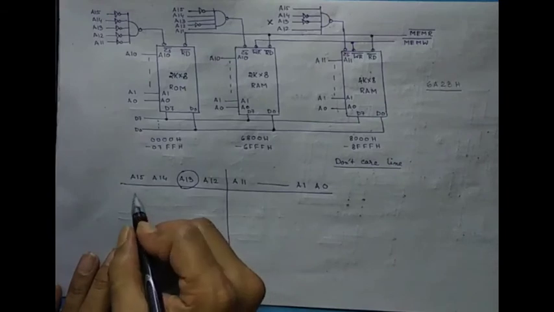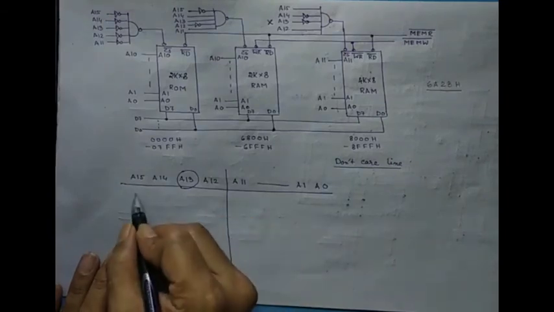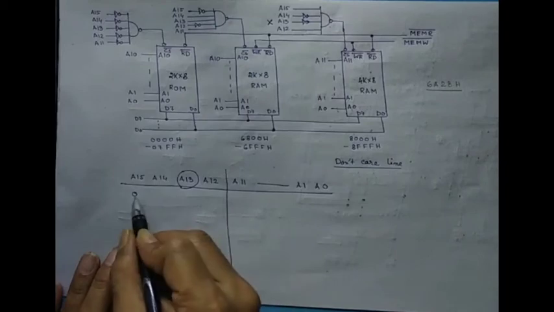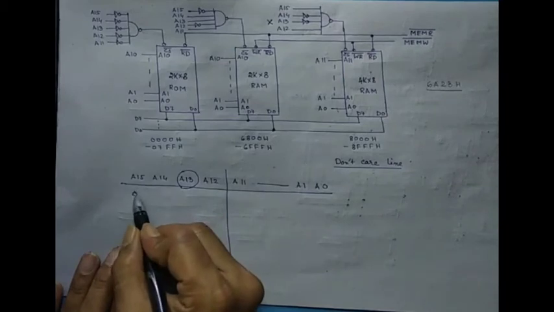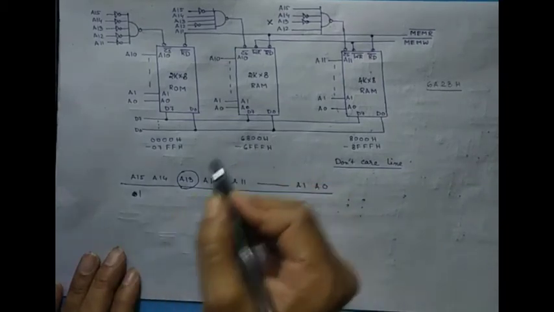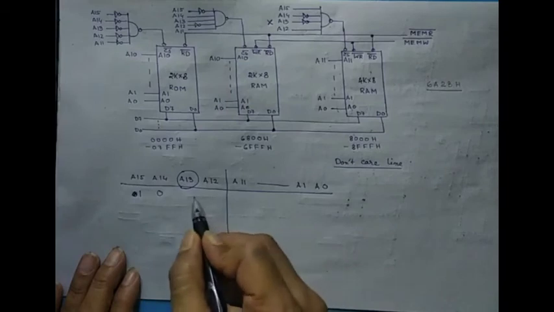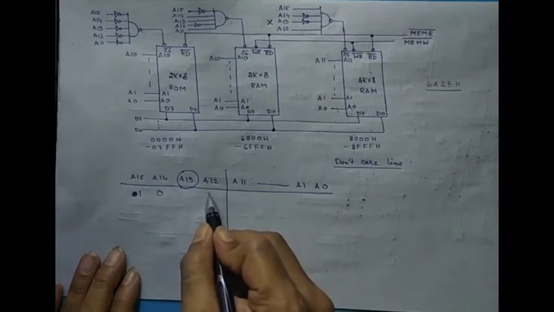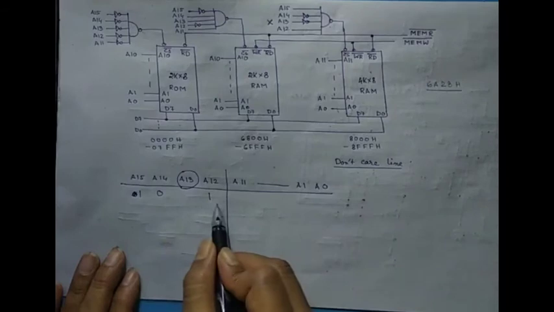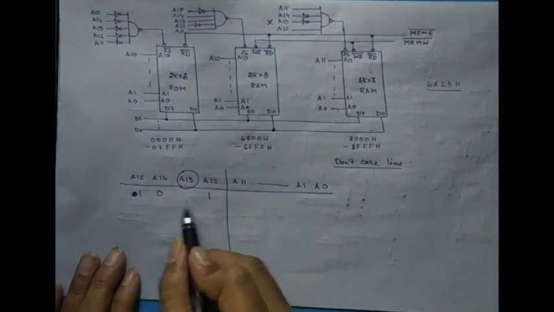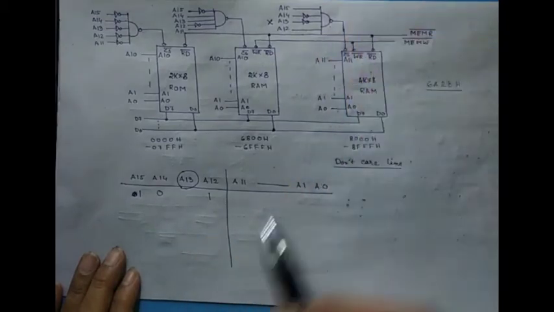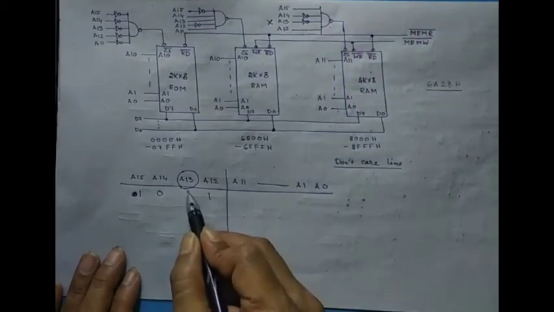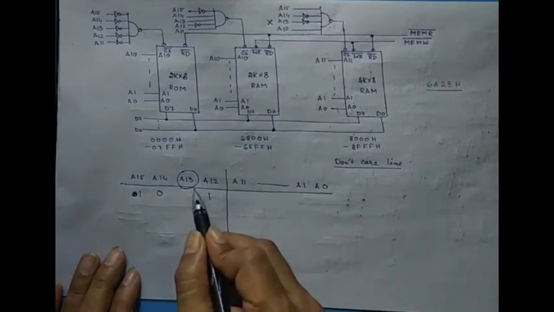Suppose I assume that it is at logic 0, then due to this decoding logic, A15 should be at 1, A14 at 0, and A12 should be 1. These three lines are being decoded, so they should be at these logic levels depending on the decoding logic. Now A13 has not been used. This A13 address line can either be at logic 0 or logic 1.